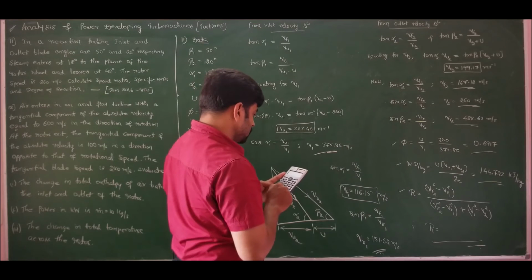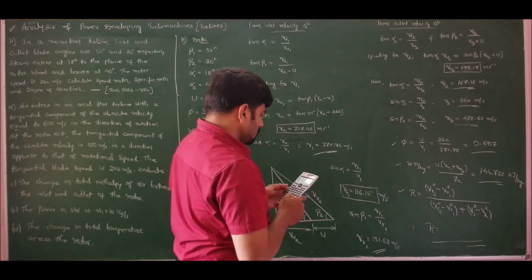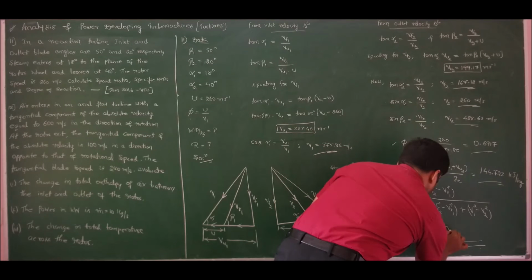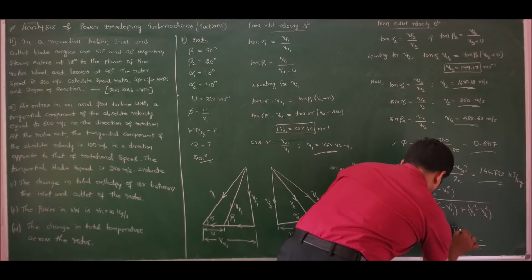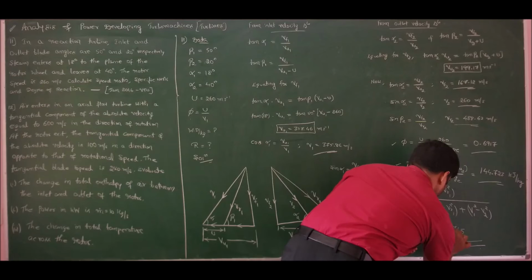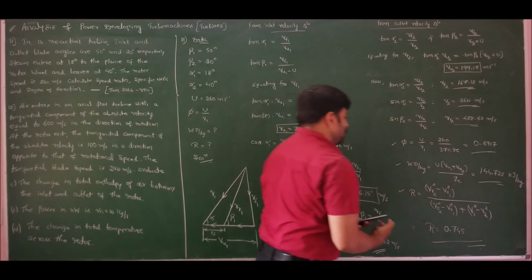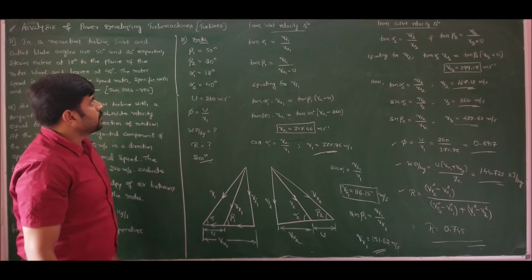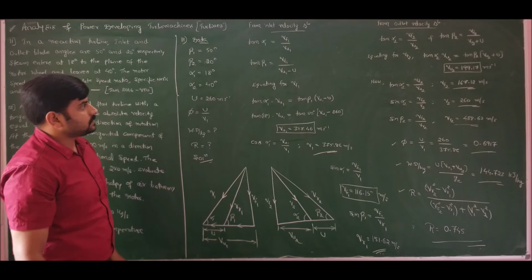V2 is 260. So the degree of reaction for this problem is 0.745. It is a 74.5% degree of reaction turbine. So this is the solution for problem number 11.